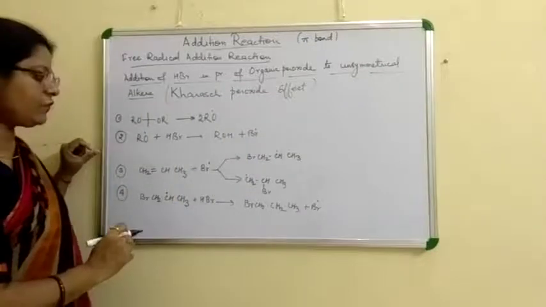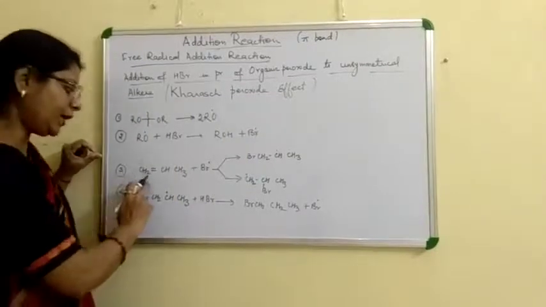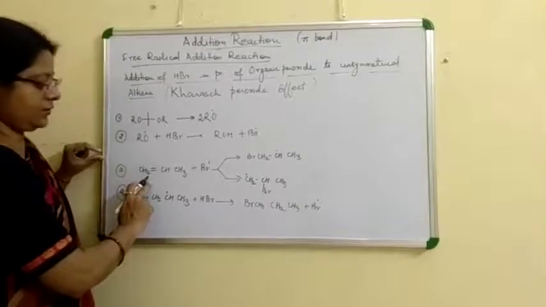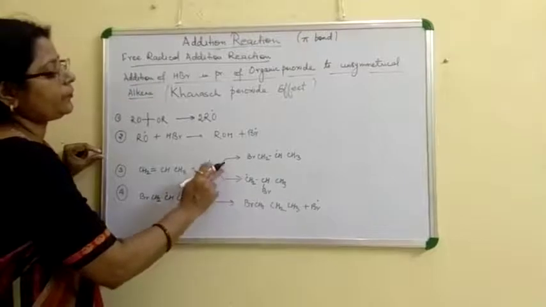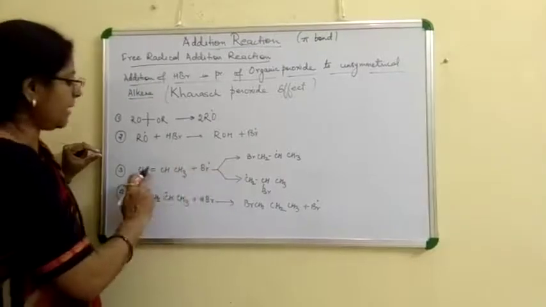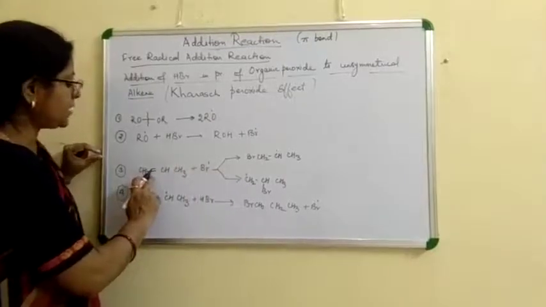Bromine free radical is very reactive, and when it reacts with unsymmetrical alkene, it will form two free radicals, as this is the double bond.